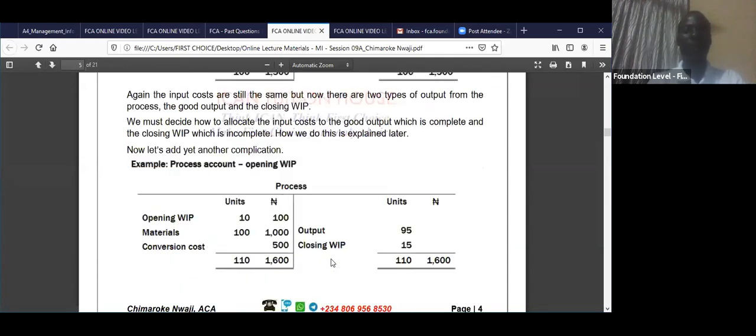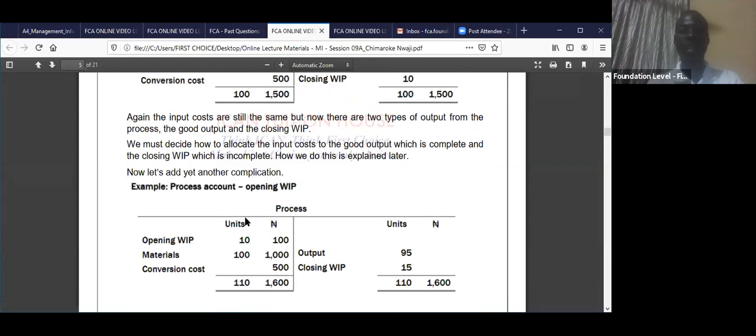So you see here, there is an opening work in progress. This is from the last one, which had a closing work in progress. The new period starts with the opening work in progress. There is the material cost, the conversion cost is here. Then the output now becomes 95.